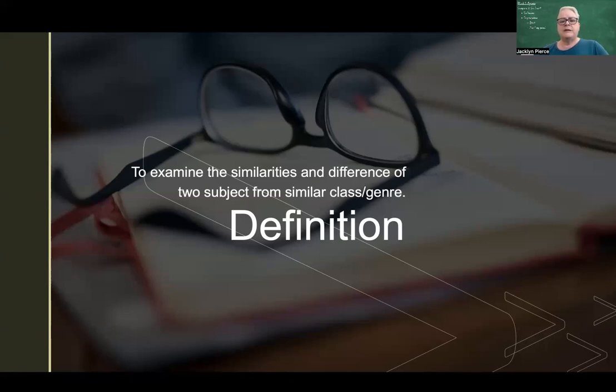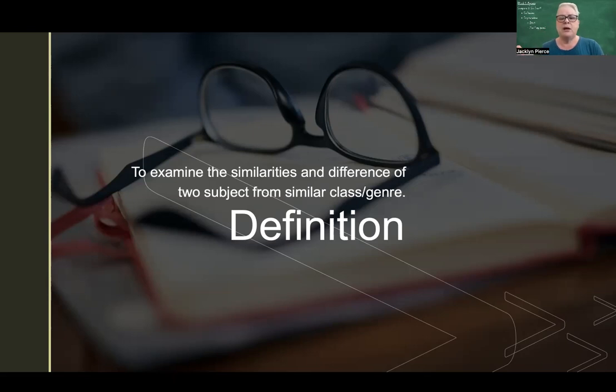But the main thing here is that when we are choosing subjects for comparison, they do have to be similar in some way, or there's not much reason to compare them. So that's why the definition contains that phrase from similar class or genre. A good example of this for me is always movies.